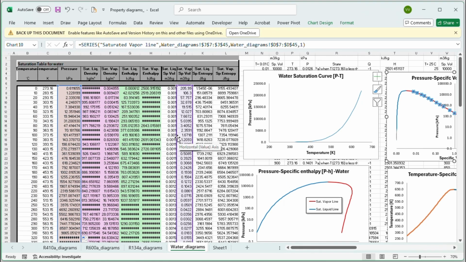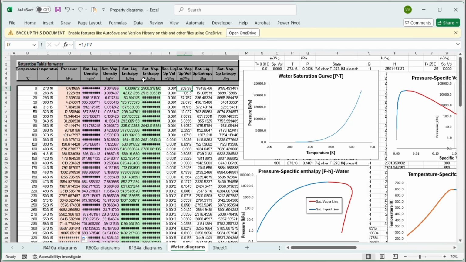And how you do that is by making sure you're choosing the phases correctly. So for vapor, of course you calculate density first and you do 1 over density. So specific volume is 1 over density. You can see the formula here. But how do you calculate the specific volume of vapor?